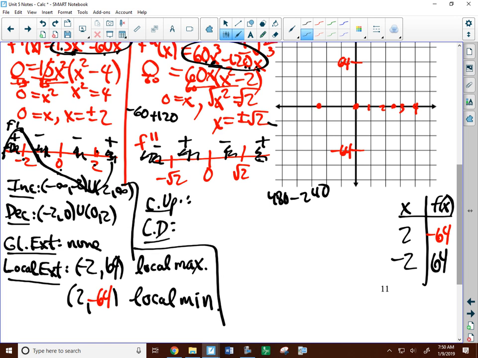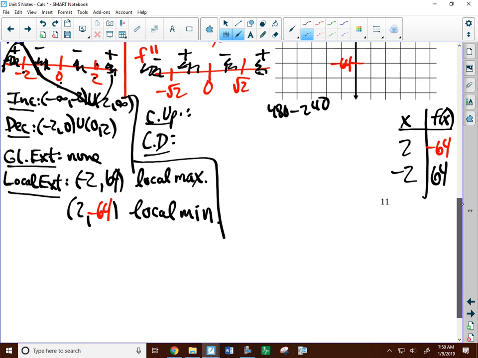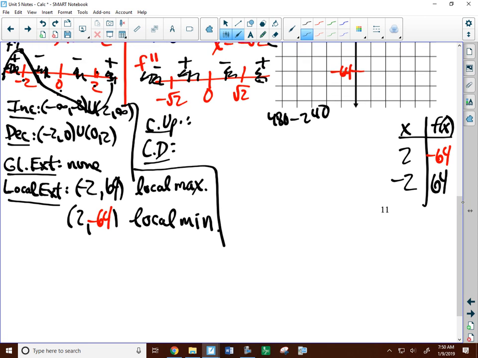And then I can write my concave up and down intervals. Okay, so concave up is where it's plus. So that would be negative radical 2 to 0, union radical 2 to infinity.